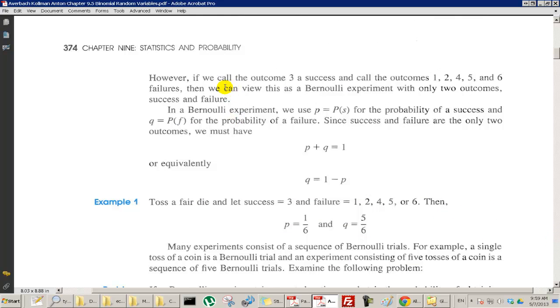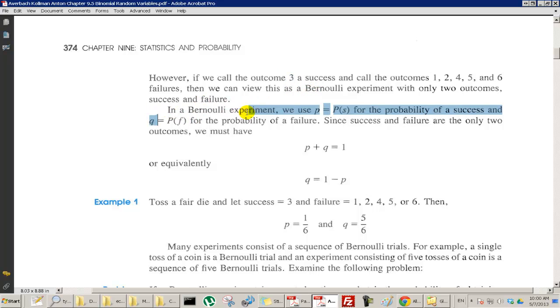However, if we call the outcome 3 a success and the others failure, then we can view this as a Bernoulli experiment with only two outcomes, success and failure. So we could even sometimes treat tossing a die as a Bernoulli experiment, but only in this sense, where you treat one of the outcomes as success and all the others as failure, or vice versa.